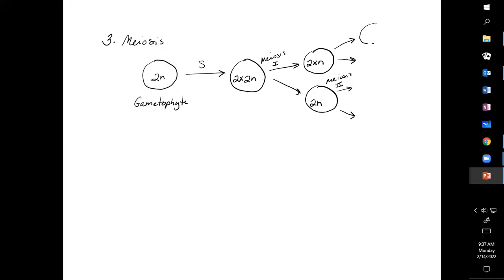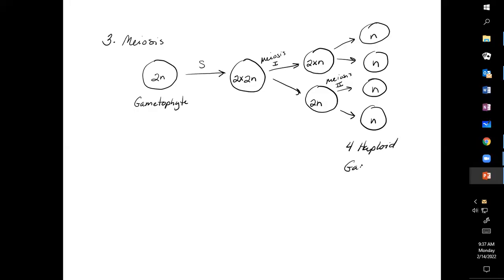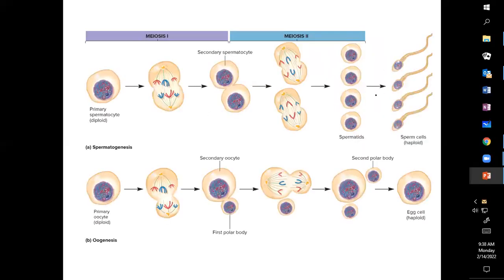These go into meiosis 2, and what we end up with is that the sister chromatids separate, and we end up with 4 haploid sex cells. I'm not gametophytes, but gametes. So from 1 diploid gametophyte, we end up with 4 haploid gametes. Here's just a figure giving a depiction.